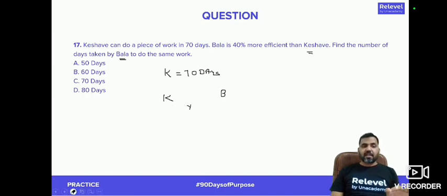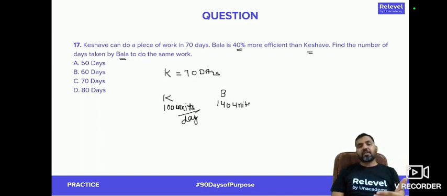Let's say that Keshav can do 100 units of work per day, and because Bala is 40% more efficient, Bala will be doing 40 units more. So Bala's efficiency would be 140 units per day.